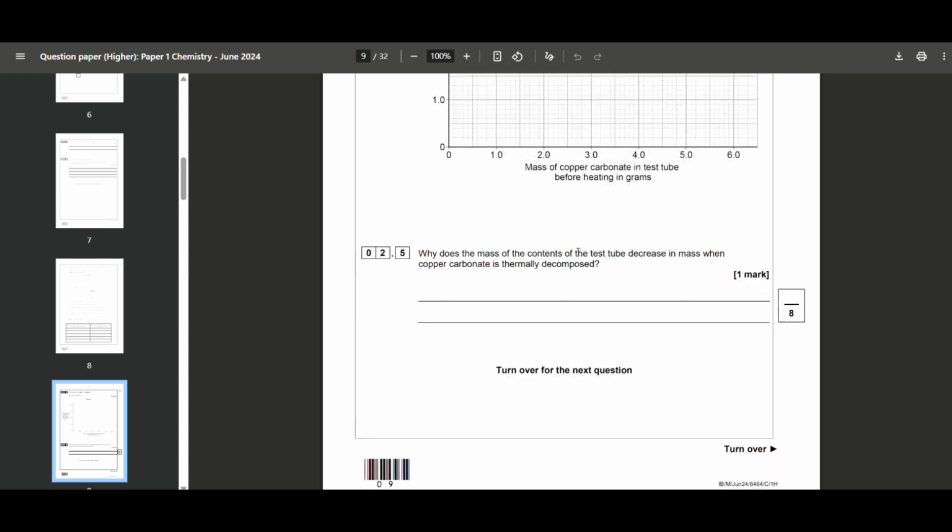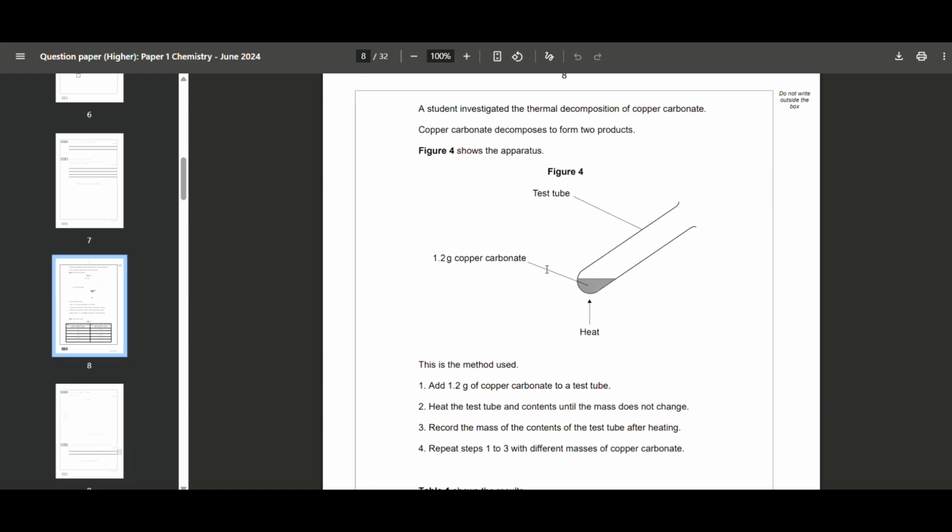So why does the mass of contents of the test tube decrease when copper carbonate is thermally decomposed? So there must be something escaping from here. Now, when copper carbonate is heated, it forms carbon dioxide. So that is a gas. Carbon dioxide is a gas and it's let off like that.